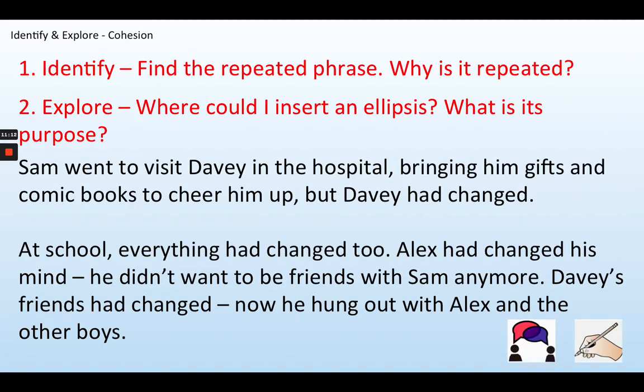I want you to identify and explore cohesion on this page. First, I'd like you to identify the repeated phrase and think, why is it repeated? Pause the video here, read the writing, and decide, what is the repeated phrase?